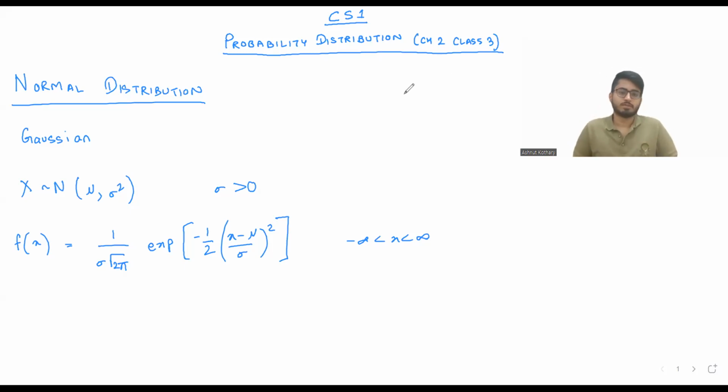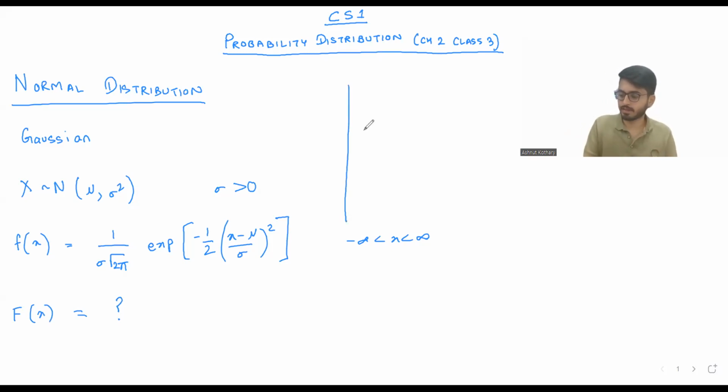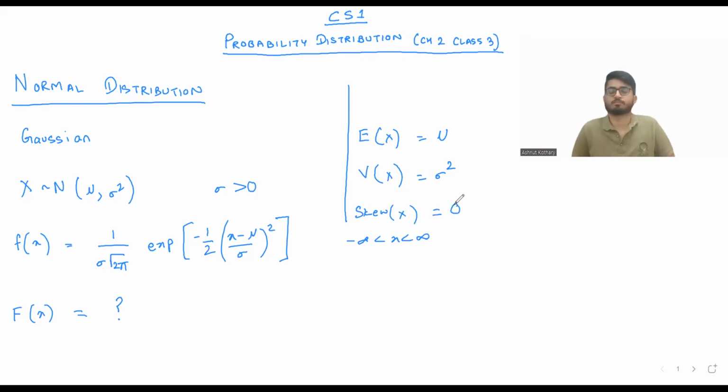Okay. So as for the CDF, we do not have a closed form for a normal distribution. Next, expectation is nothing but mu. Variance is nothing but sigma square, and the skewness is nothing but 0.